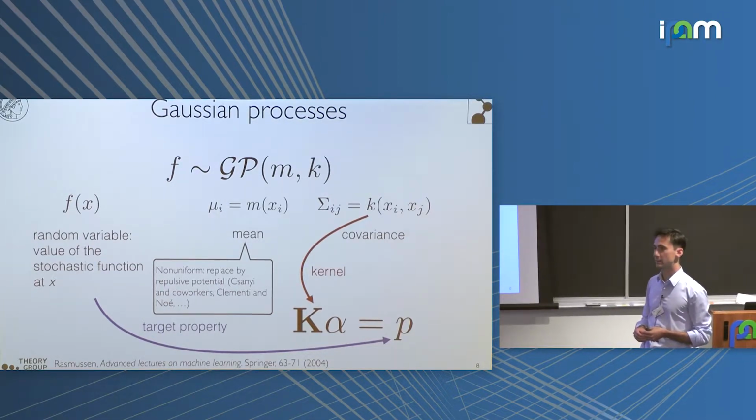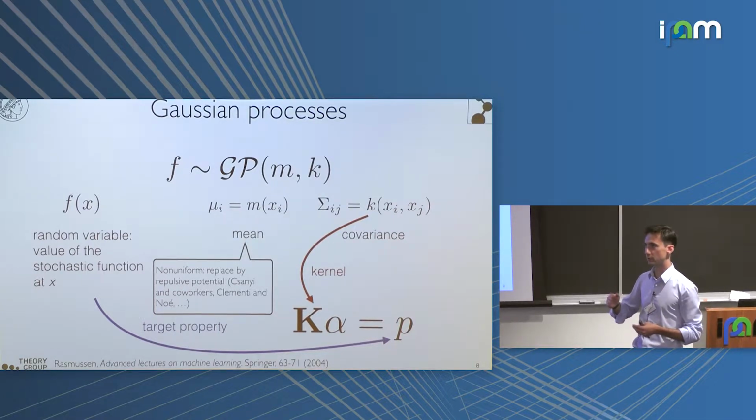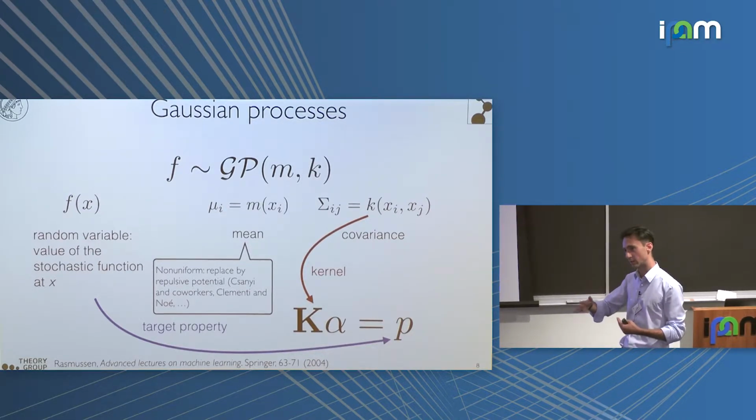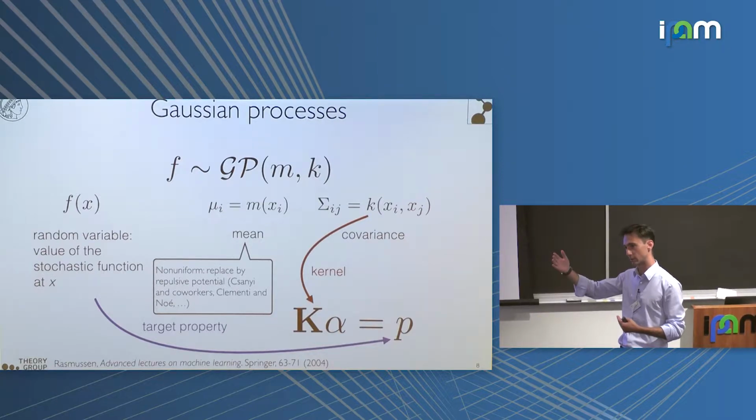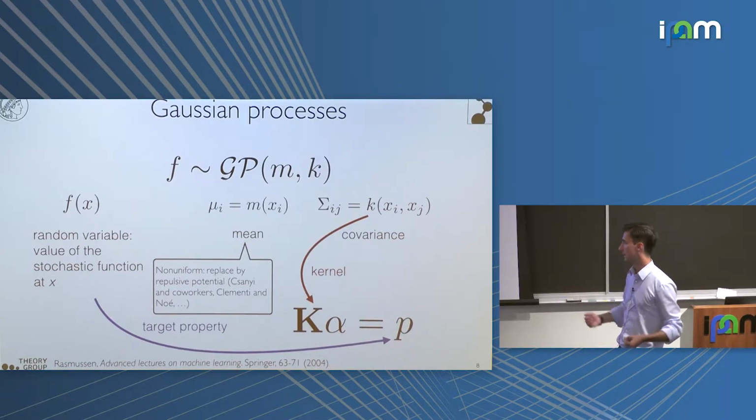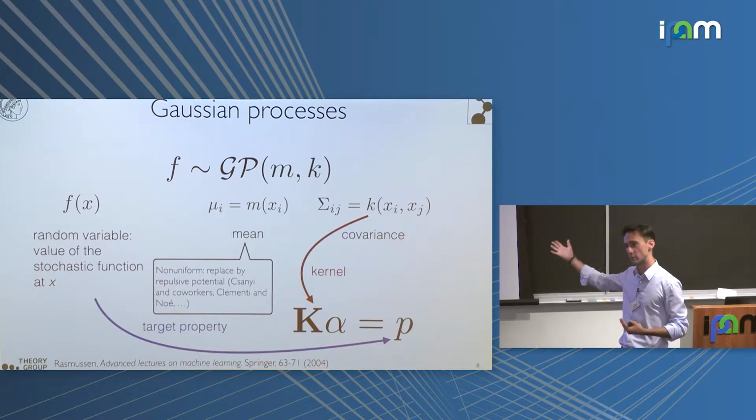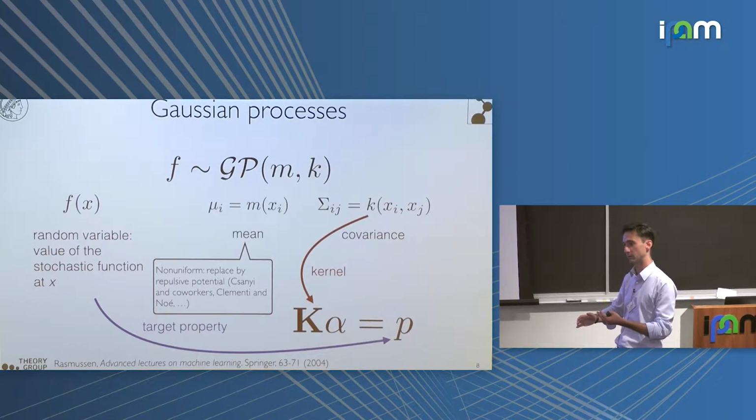Practically it means that you're doing the learning around this prior. You're basically looking at the difference between this prior and your target observables. In the straightforward case with the uniform prior, you would be taking the difference from function 0. That's what a uniform prior would mean. If you use a repulsive function for small distances, then you're learning the difference from this repulsive function.